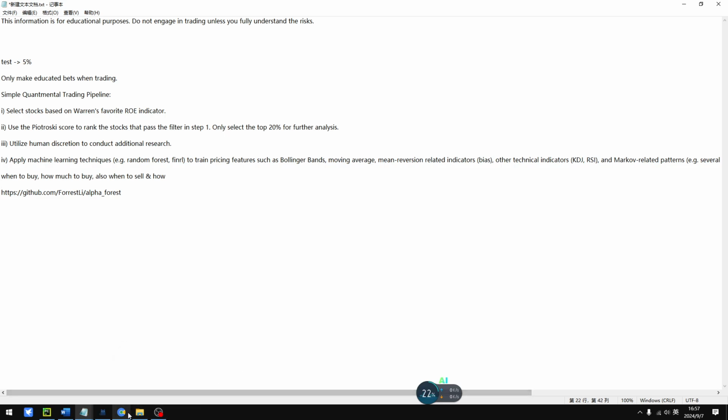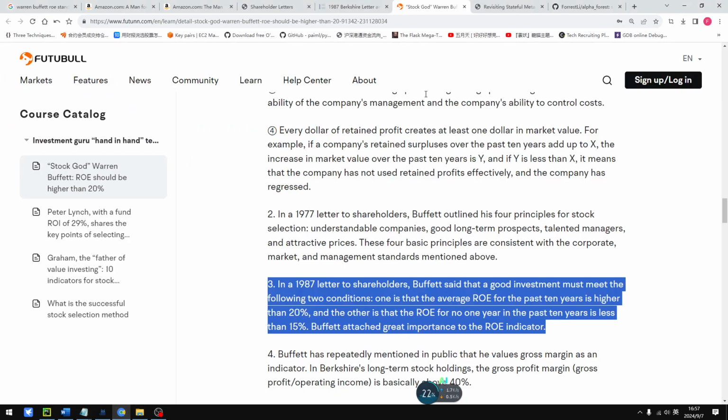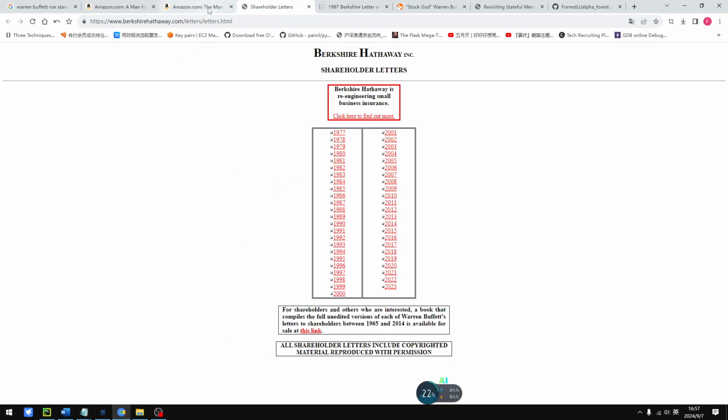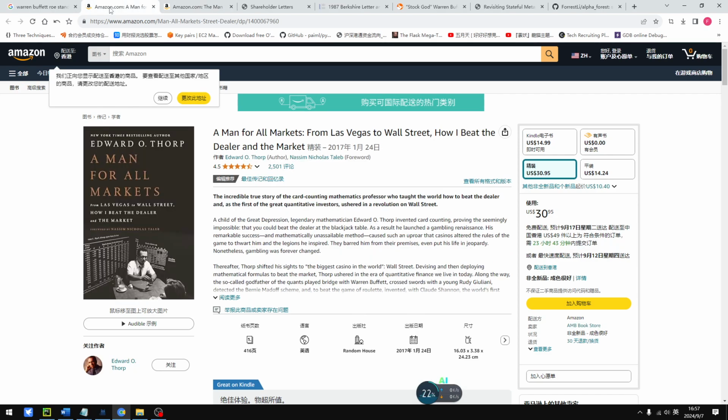And lastly, I would like to recommend that you read some books if you truly want to make money in the financial markets. First, you do need to read the Berkshire letters and understand Buffett's source. Pretty useful. Another one is A Man for All Markets by Edward Thorp.